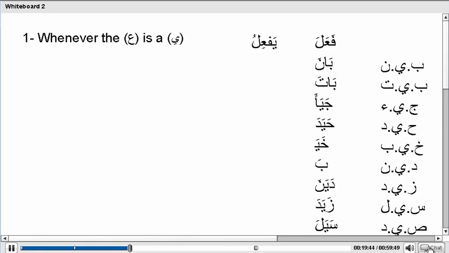Yeah, no, it doesn't disappear, barakallahu fiki, but we turned it into an alif.